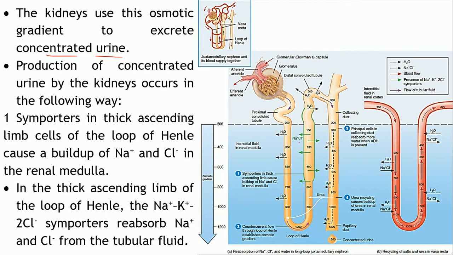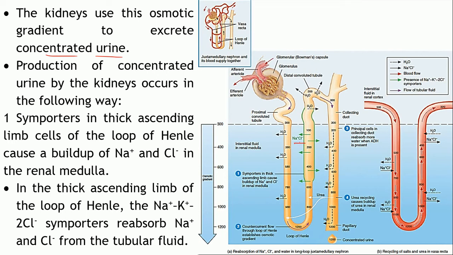So they will reabsorb the sodium and chloride, right? Potassium is just circulated over there. Okay, so actually the net reabsorption of sodium and chloride will take place into the blood. Just to balance it, actually the potassium also is reabsorbed from the tubules into the cells, but it is secreted back into the tubules.